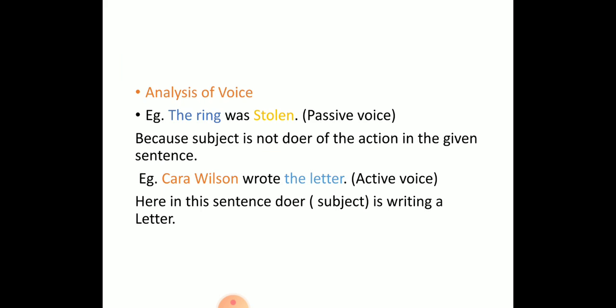She wrote a letter. So we can say in this sentence, the doer, subject, Kara Wilson, wrote a letter. I hope, students, now you have a clear idea about what is active and what is passive. So now without wasting time, let's proceed to the next slide.